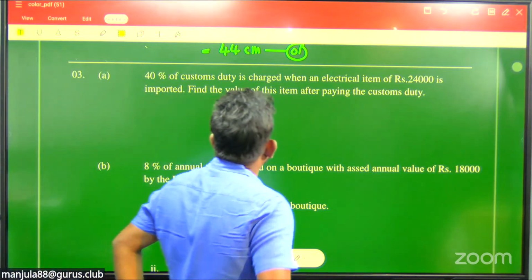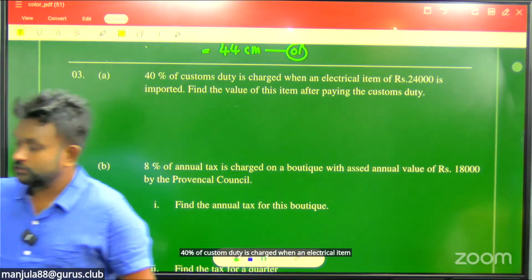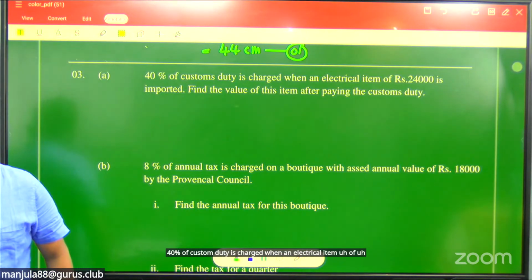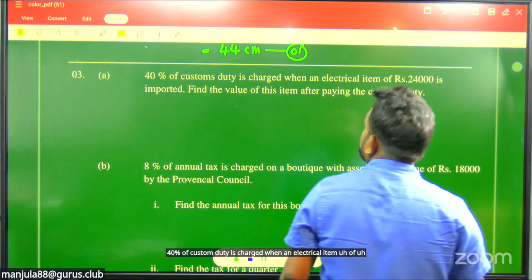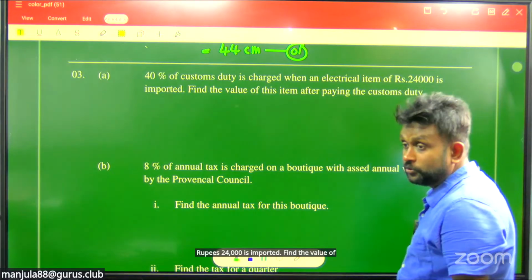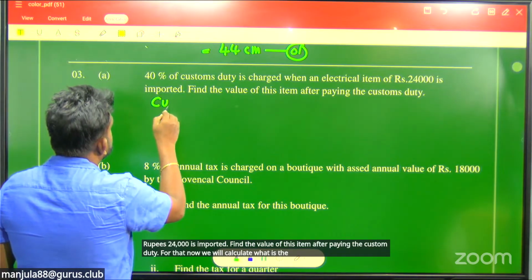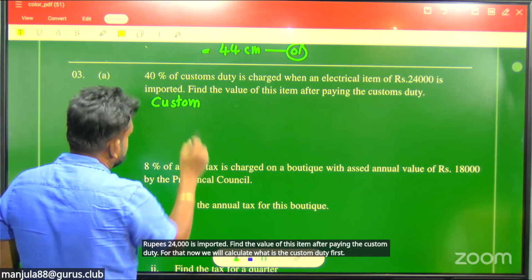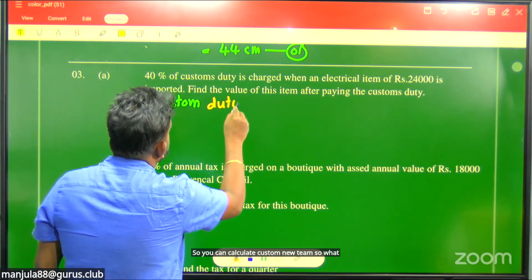40% of custom duty is charged when an electrical item of rupees 24,000 is imported. Find the value of this item after paying the custom duty. But now we will calculate what is the custom duty first. So what is the custom duty?